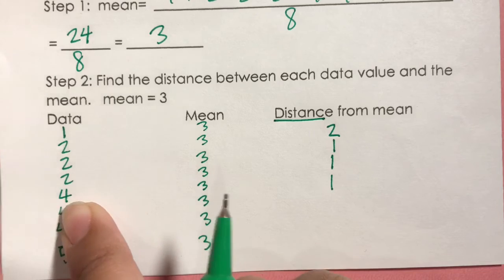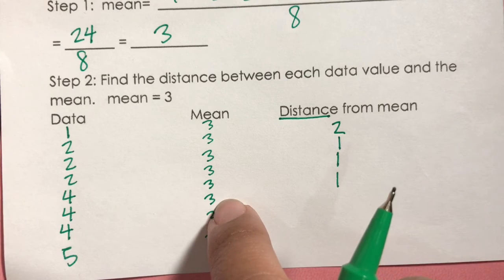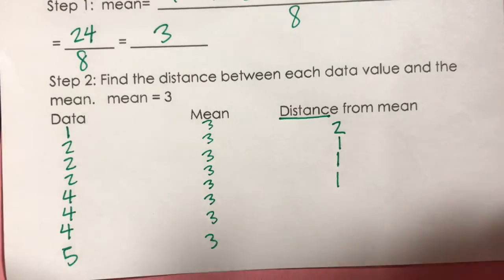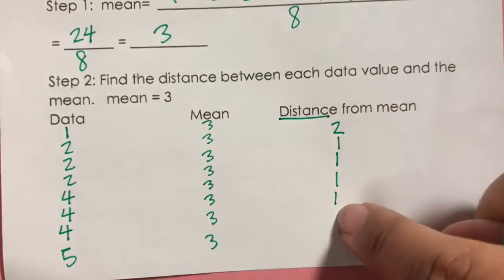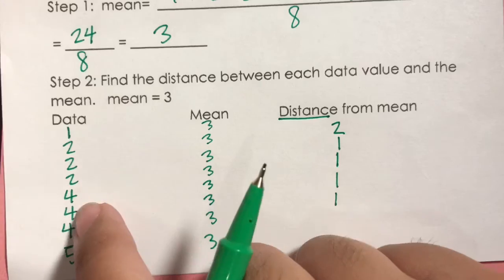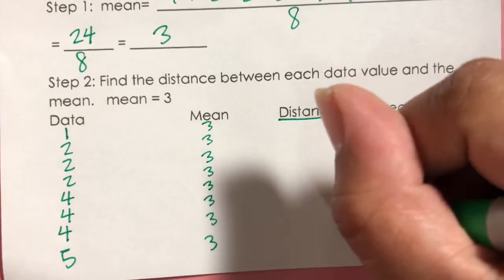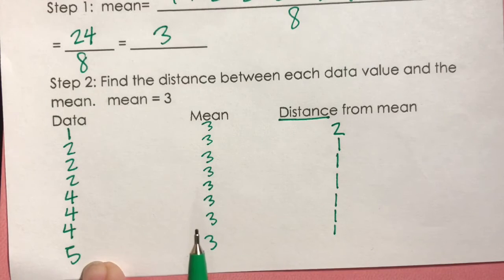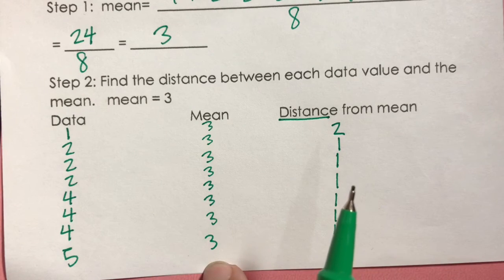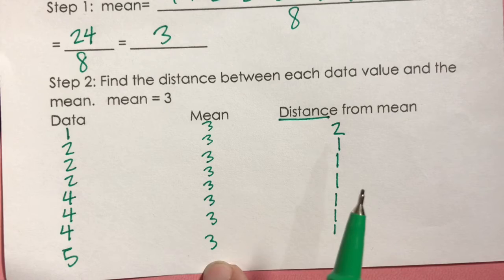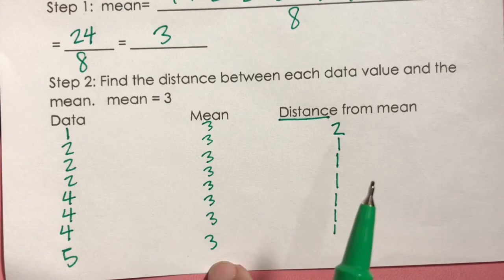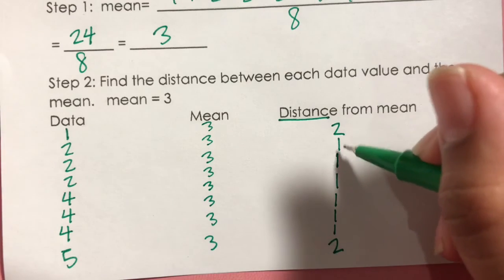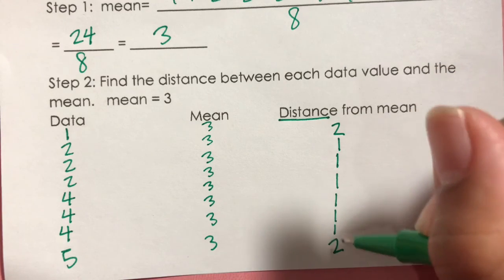Now, how about from 4 to 3? How many numbers will I have to jump to get to 3 from 4? 1. So it's the same thing for all those 4s. And then what amount of units do we have to jump to get from 5 to 3? It is 2. So we have 2, 1, 1, 1, 1, 1, 1, 2.